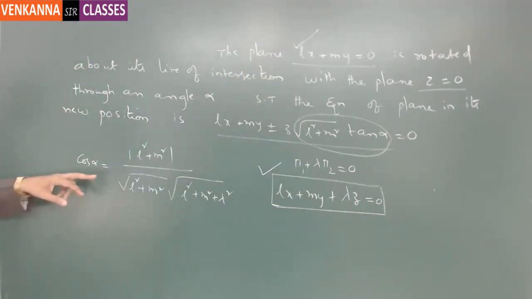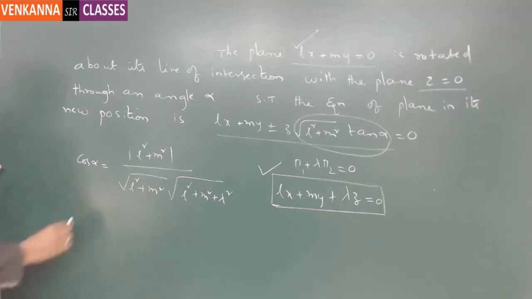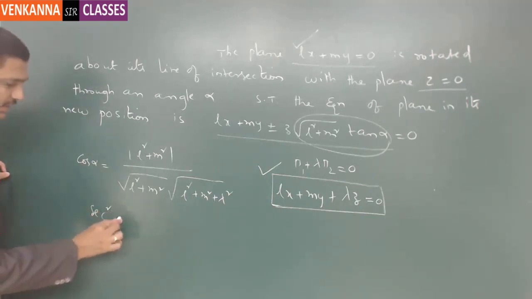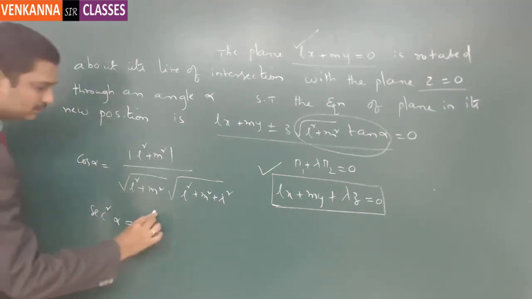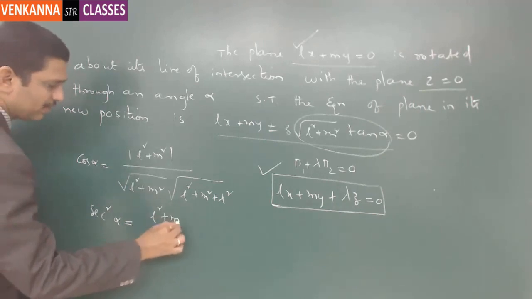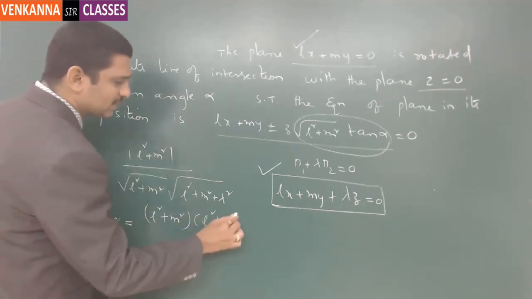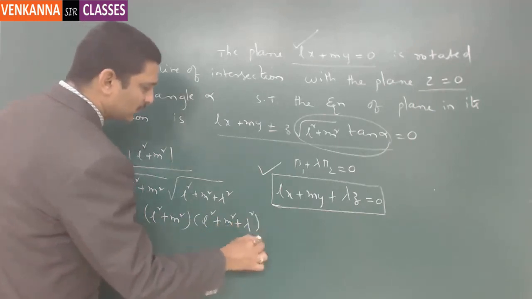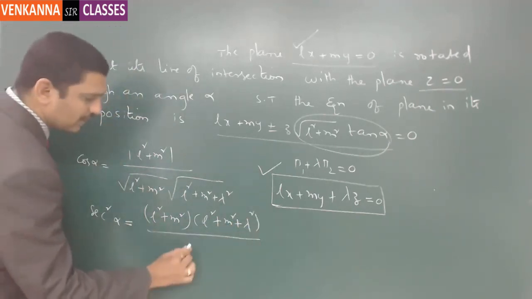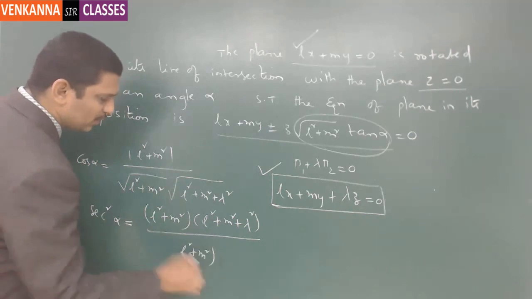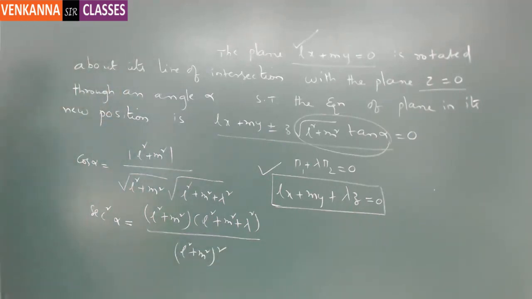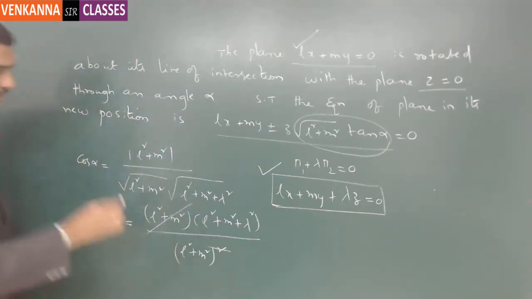Now let us take reciprocal on both sides and do squaring on both sides. Then you have secant square alpha is equal to L square plus m square into L square plus m square plus lambda square whole by L square plus m square whole square. So the square term gets cancelled.